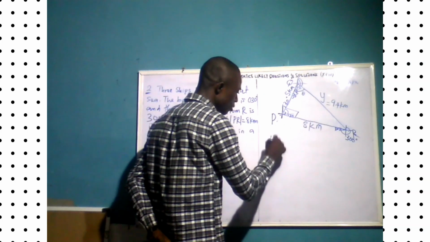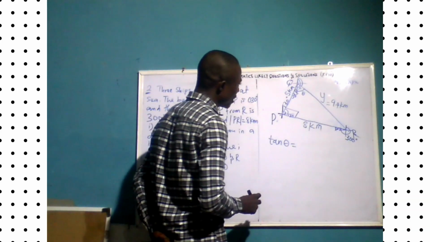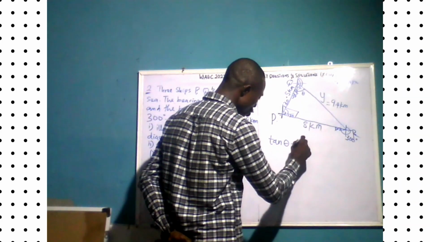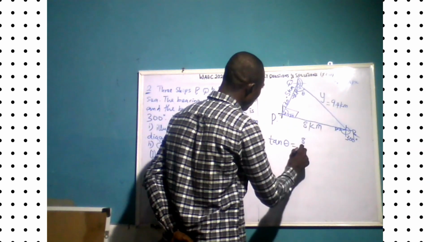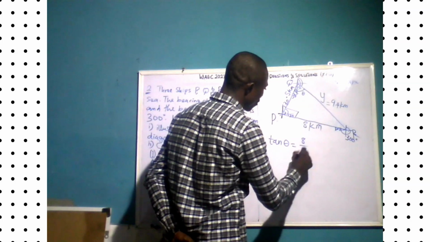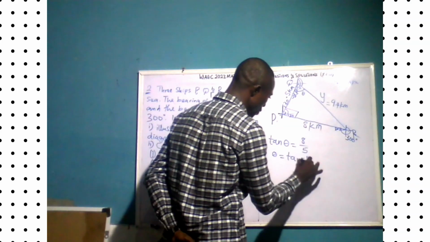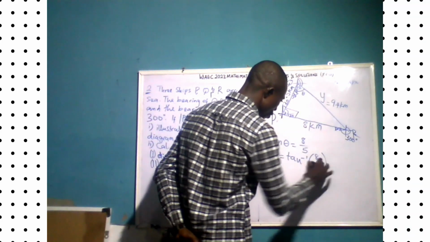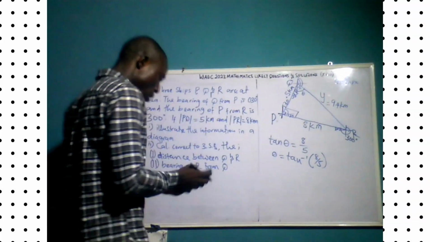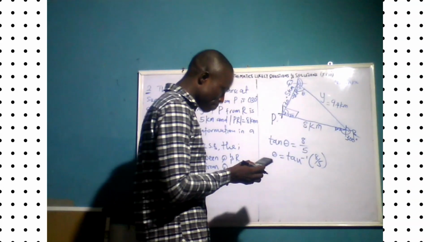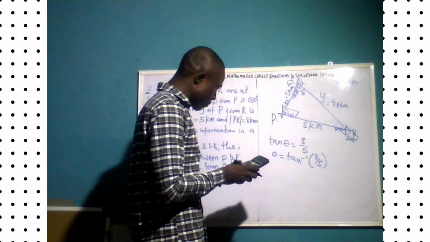Tan theta will be opposite over adjacent. The side opposite to this angle theta is 8, and the adjacent side is 5. So theta equals tan inverse of 8 over 5. On your calculator, press shift tan, open bracket, 8 divided by 5, close bracket.